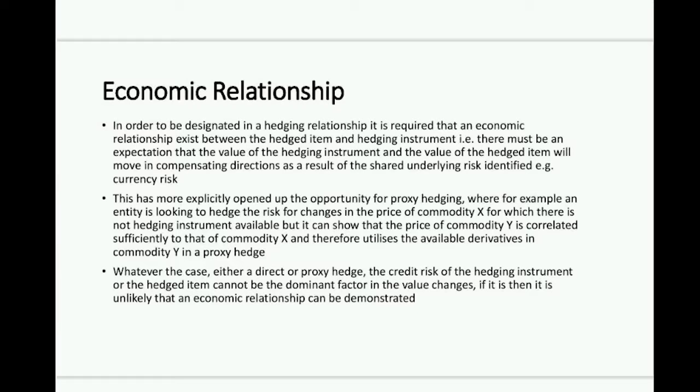Let's say, for example, you wish to hedge the commodity price for a commodity X. But commodity X doesn't have any derivatives traded in the marketplace, so you can't get a derivative that's going to be exactly on commodity X. Instead of calling it commodity X, let's call it coffee beans.